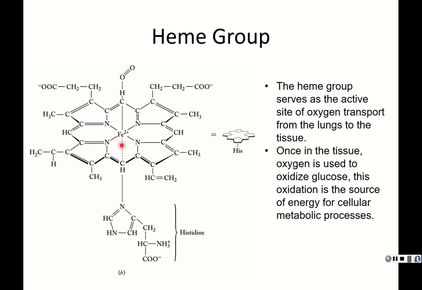It's also bound, beneath this, to a nitrogen that's in an amino acid histidine on the bottom. And then on top, it binds O2, oxygen. So hemoglobin is responsible for binding oxygen and transporting that oxygen from the lungs to the tissue.